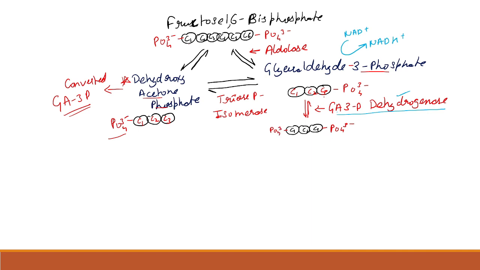So now this molecule, which was glyceraldehyde 3 phosphate, would convert into this one molecule with 2 phosphate groups.